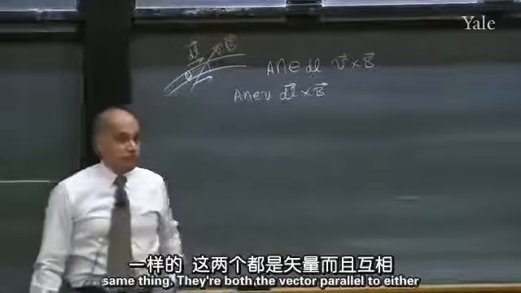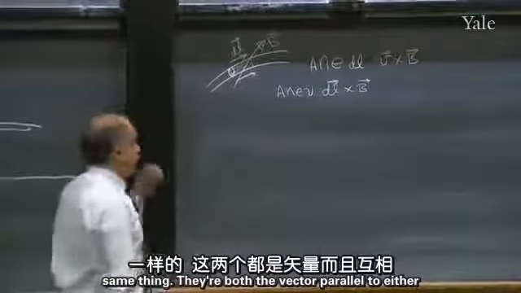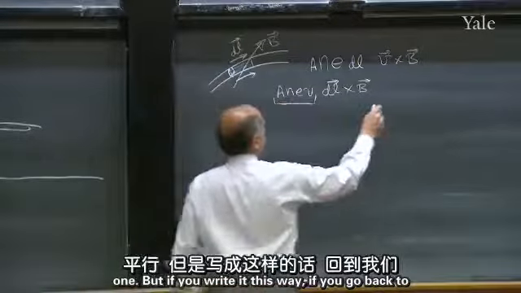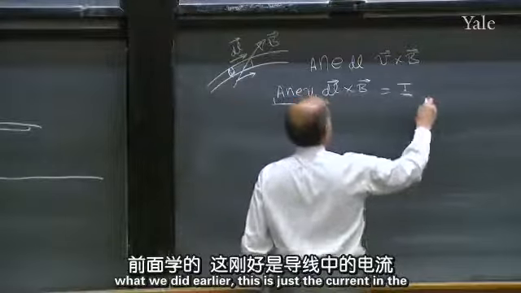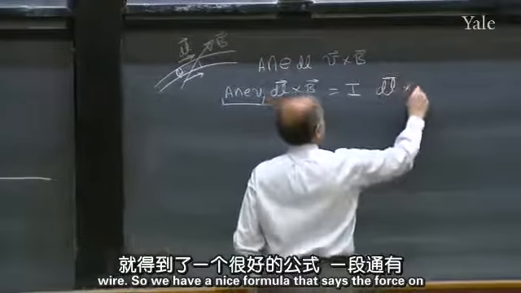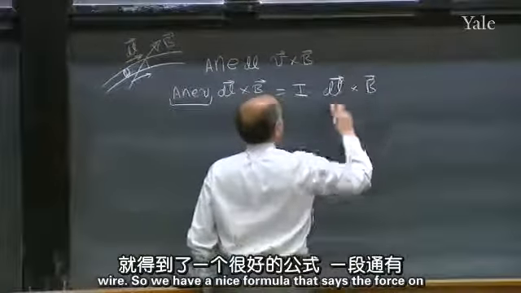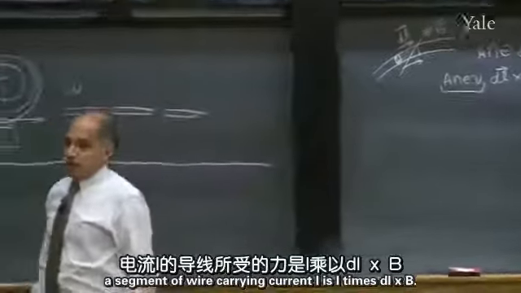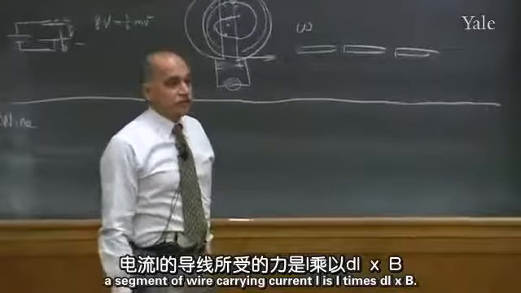It's the same thing. They're both a vector parallel to either one. But if you write it this way, if you go back to what we did earlier, this is just the current in the wire. So we have a nice formula that says the force on a segment of wire carrying current I is I times dl cross B.